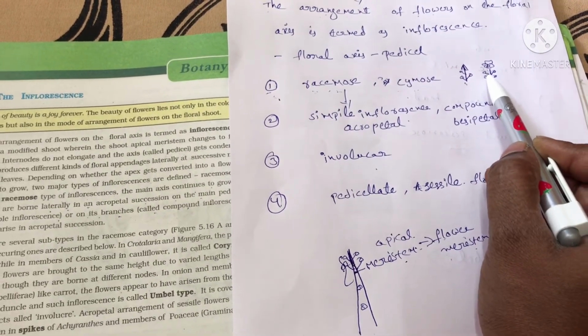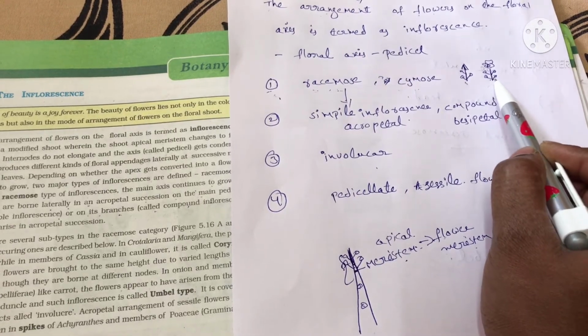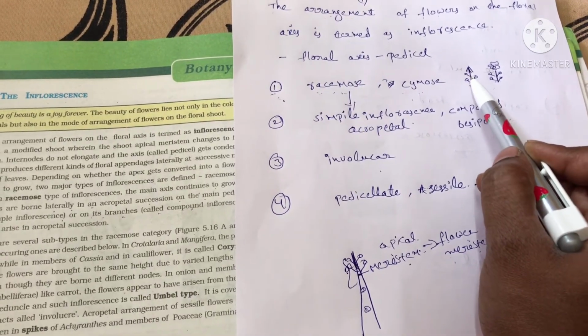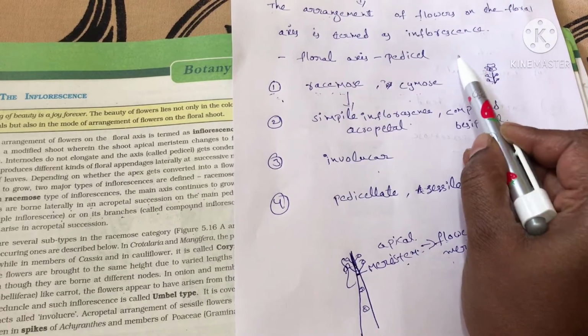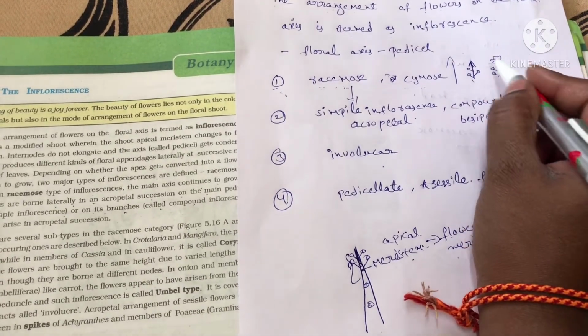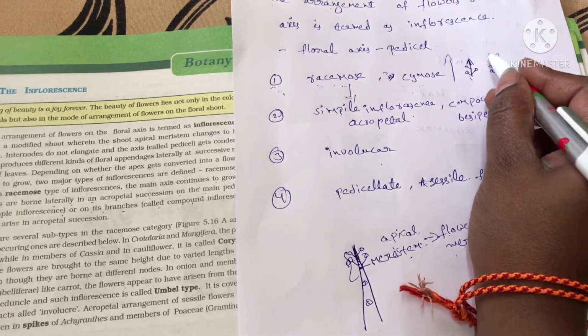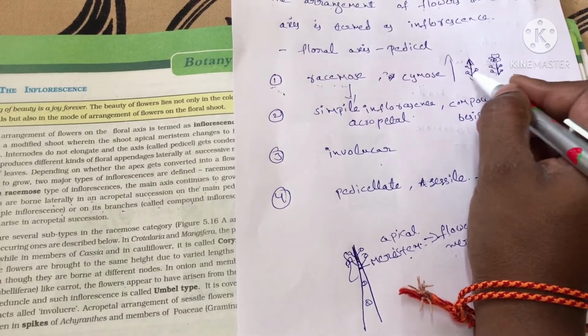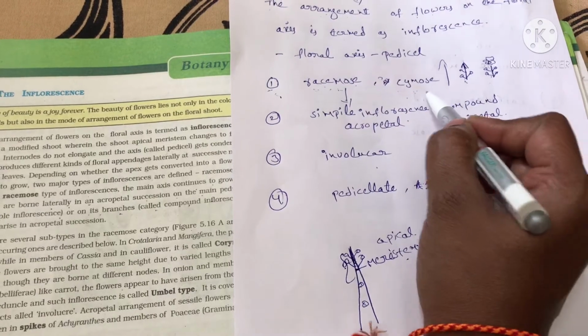Later, the flowers below are developed. Here the floral axis continuously grows upwards. Here the floral axis ends with the flower. These are the differences between racemose and cymose.